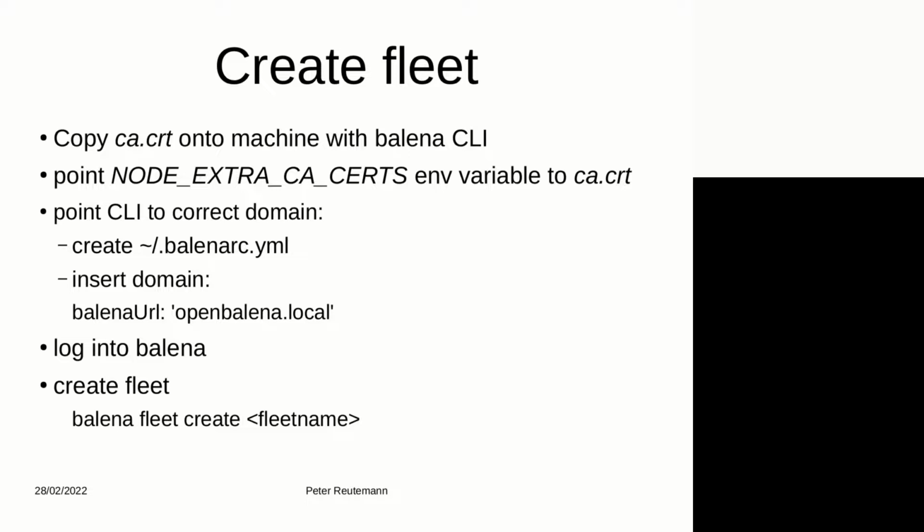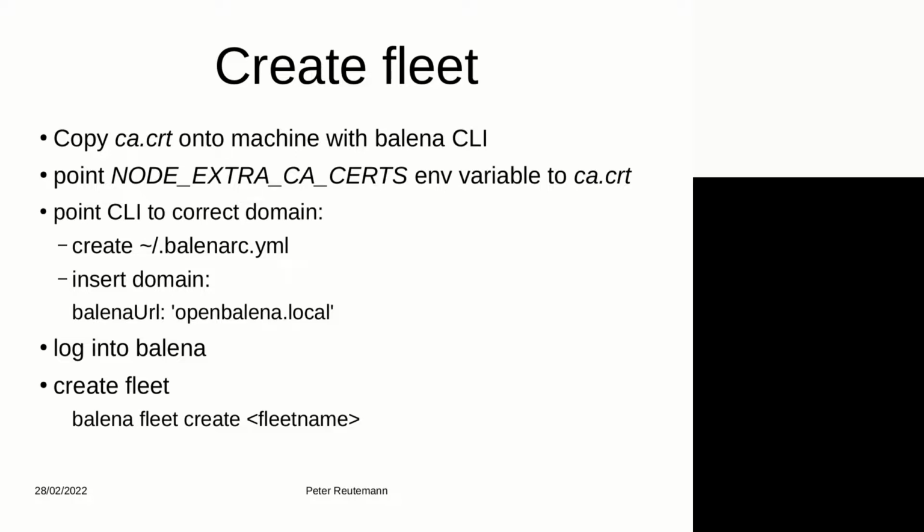And for the CLI to know what domain you're connecting to, you have to create a .balenarc.yml file in your home directory and insert the OpenBalena local domain into it. Once that's done, then you can log in and no longer get a problem that it either cannot find the domain or that it found a self-signed certificate in the chain and doesn't accept that.